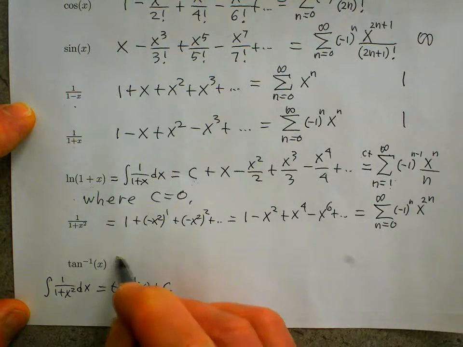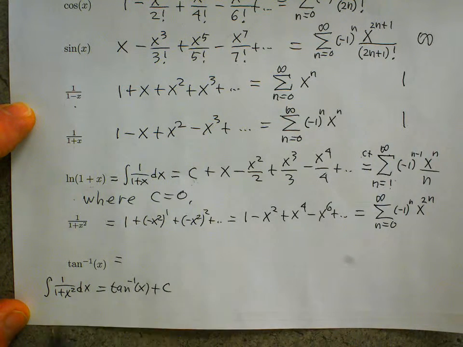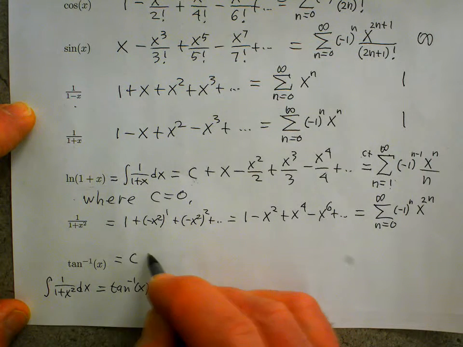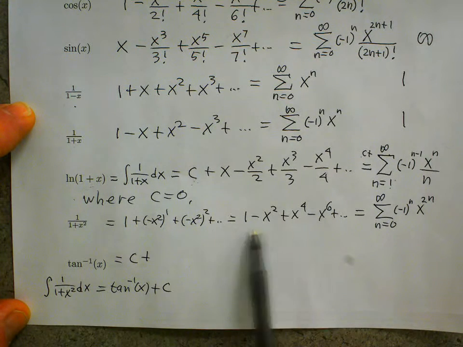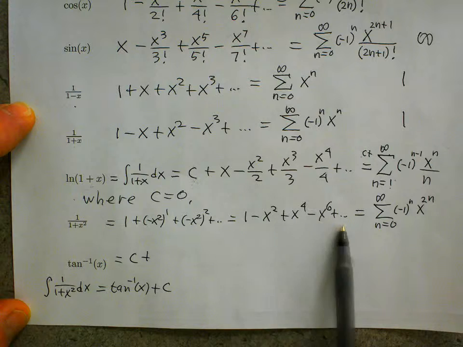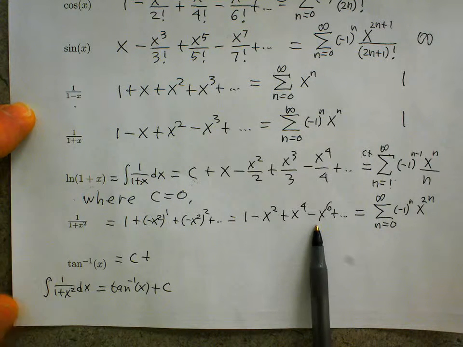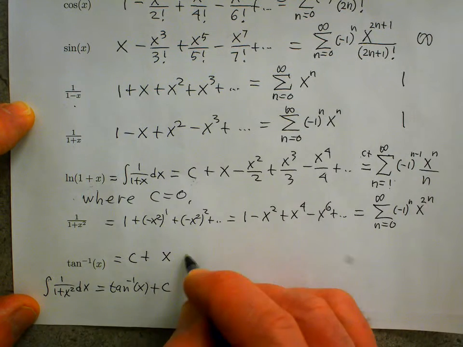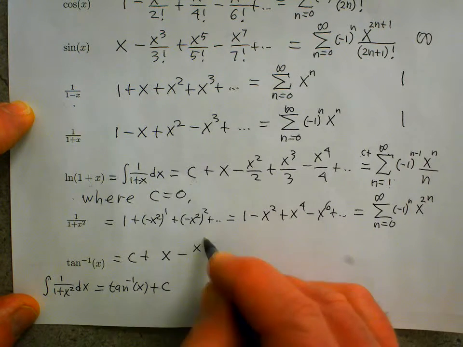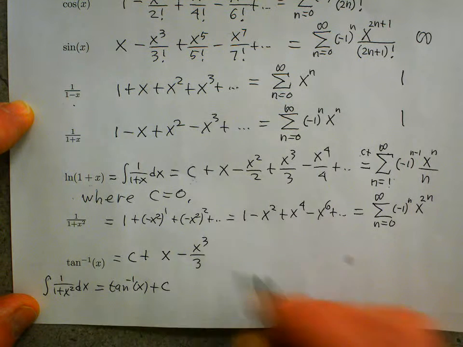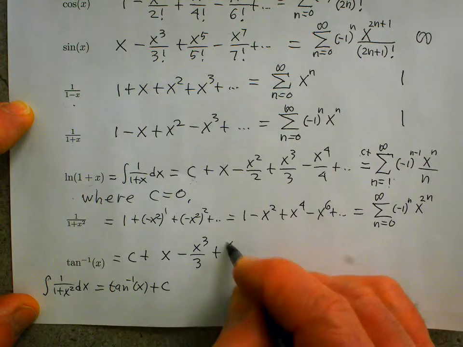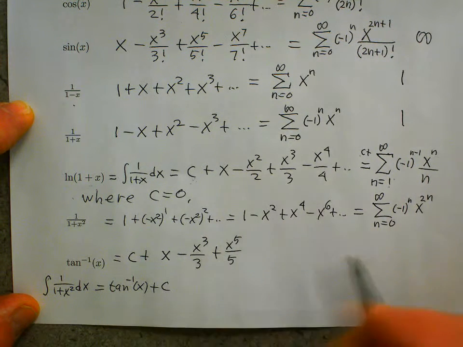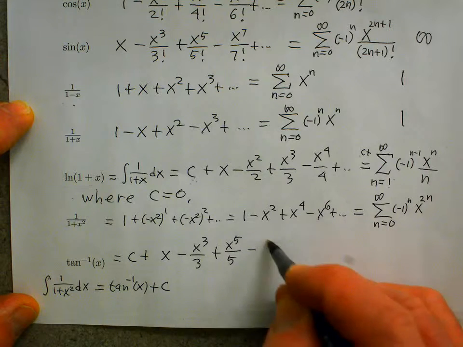Okay, so we'll include the constant of integration and then write down the antiderivatives from the series above. So we get c plus x minus x to the third over 3 plus x to the fifth over 5, and so on.